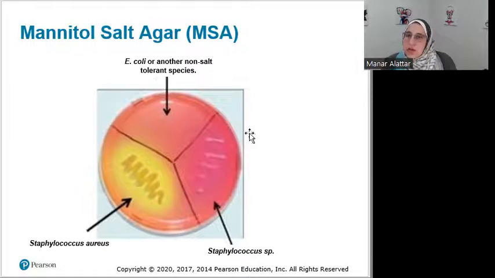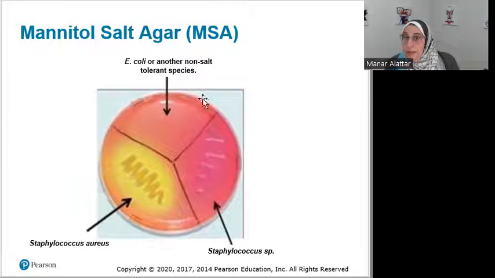Generally, organisms that can tolerate salt will be present. So it is selective for halophiles or halotolerant organisms, and generally speaking, for gram-positive organisms, because the gram-negatives can't tolerate that much salt. And then it is also differential.